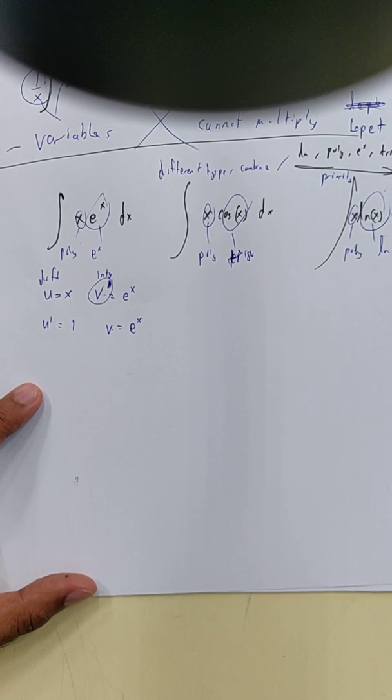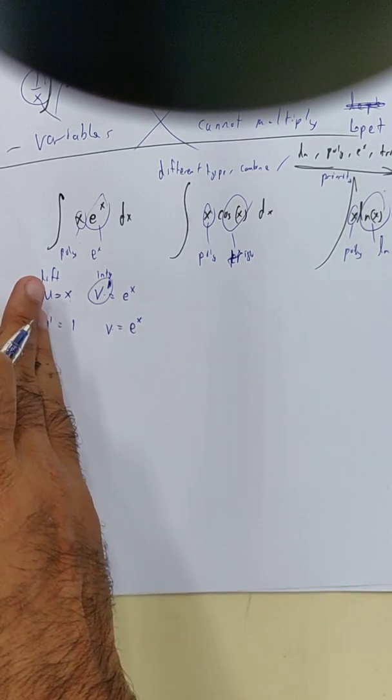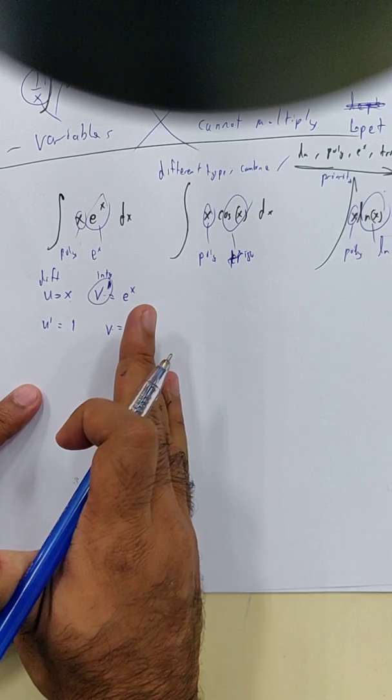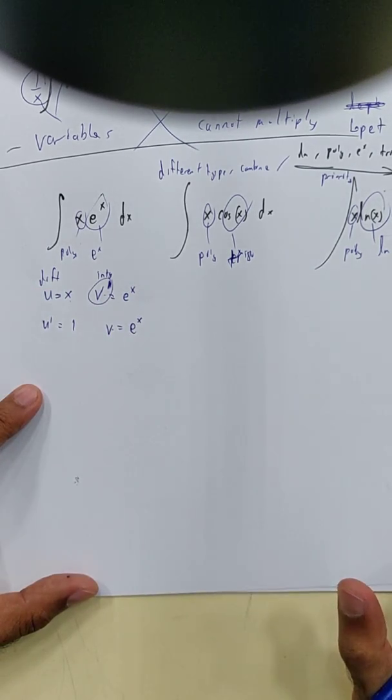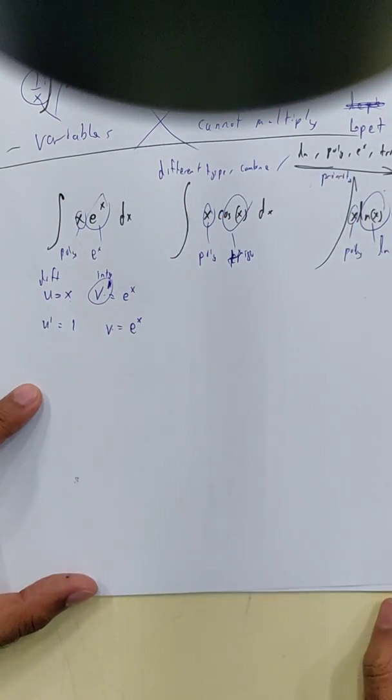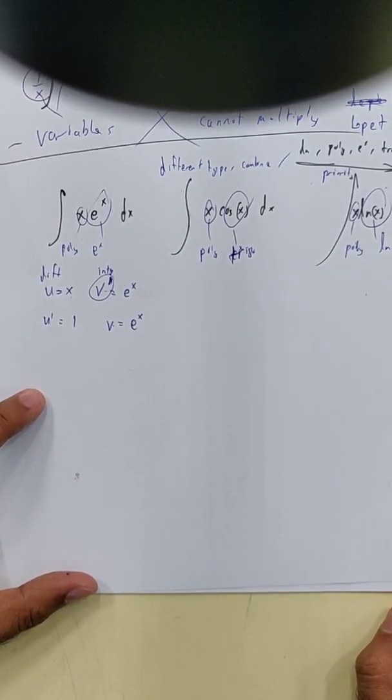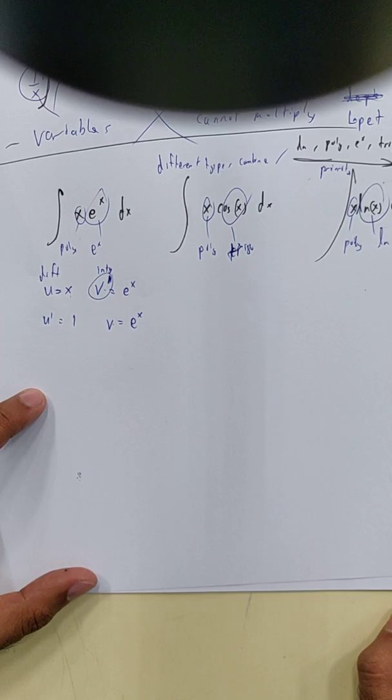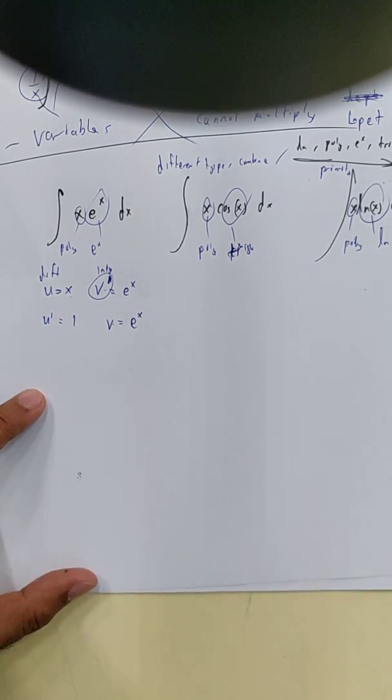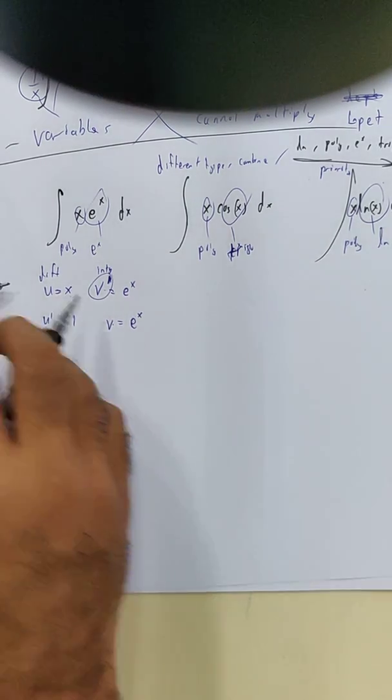Until here, are you guys okay? So we are differentiating one thing and then we are integrating one thing. Which one to differentiate, which one to integrate? Based on the priority. Okay, now this is where the magic comes in. I'm taking this one.